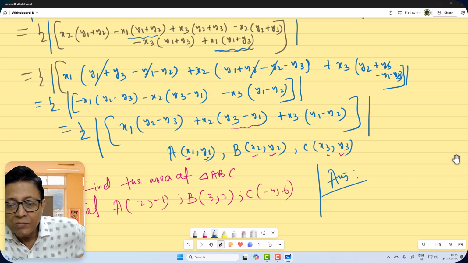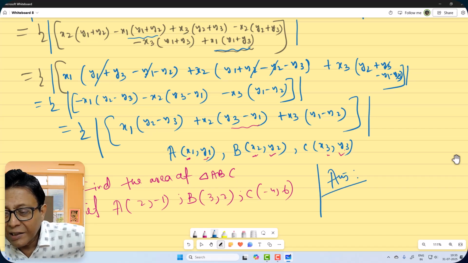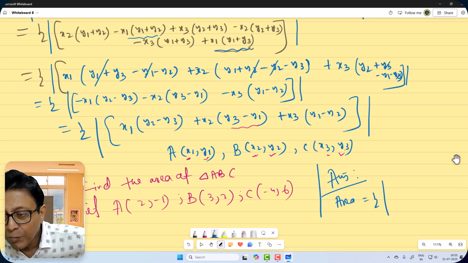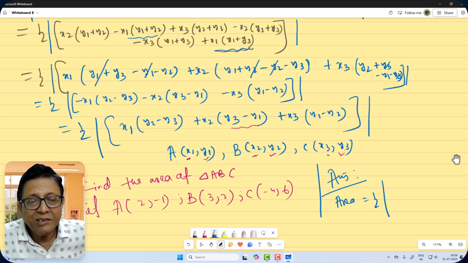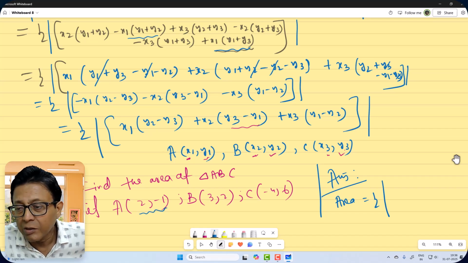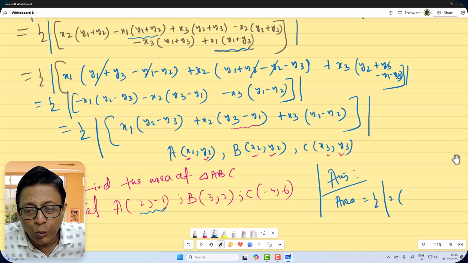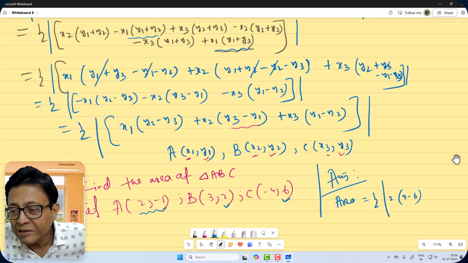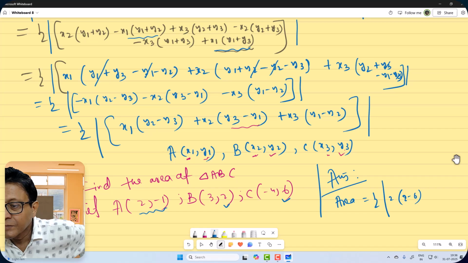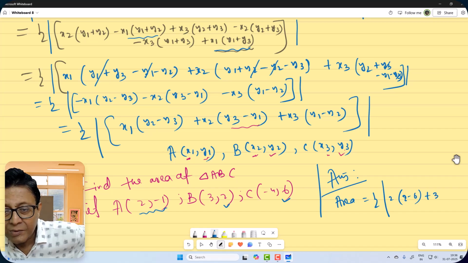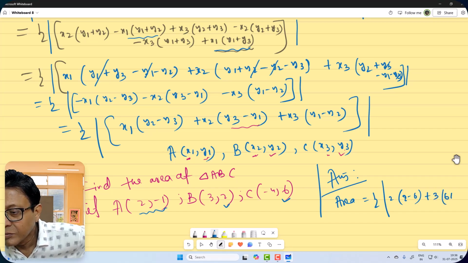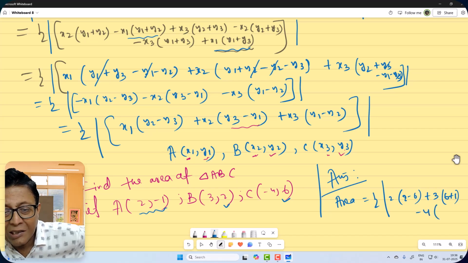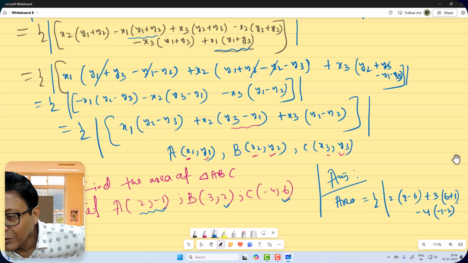How to? We are writing area equal to half mod. This is our x1 y1, 2 into y2 minus y3, 2 minus 6, plus 3 into 6 plus 1, minus 4 into minus 1 minus 2.